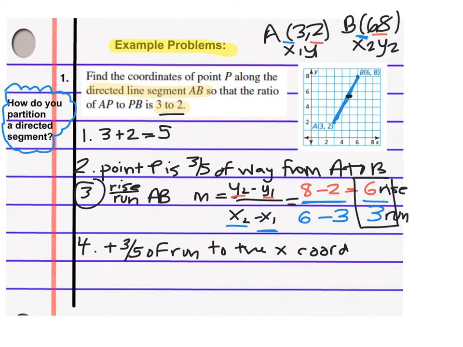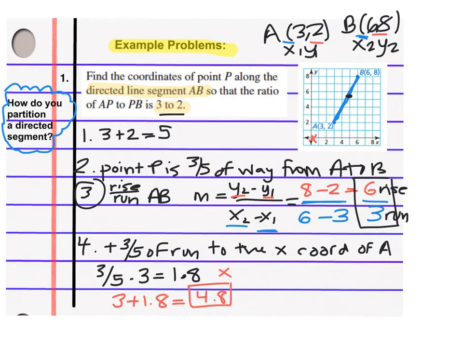My run is 3, so I'm going to do 3/5 times 3. I get 1.8. So I need to add 1.8 to the x coordinate of A. The x coordinate of A is 3, so 3 plus 1.8. The x coordinate of P is 4.8. I'm going to circle that so I don't lose it.